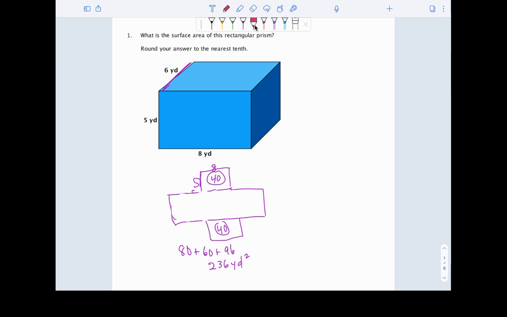But we know that this 5 is going to be right here, so that's 5. We know then it wraps around to 8, so I'm going to have 8 along here. This is 8 right here, and then this right here would be 5.